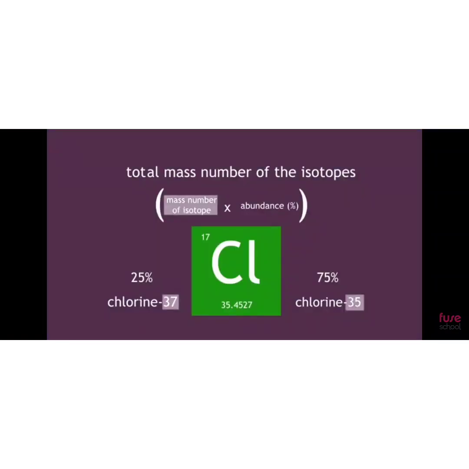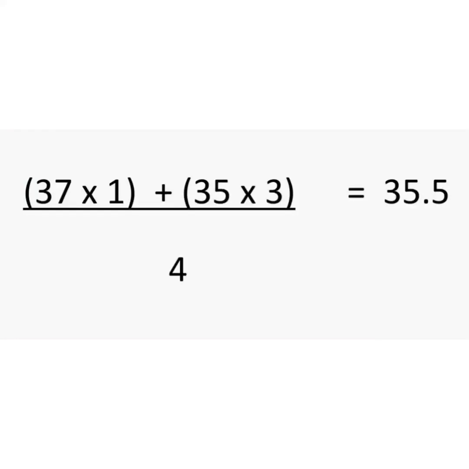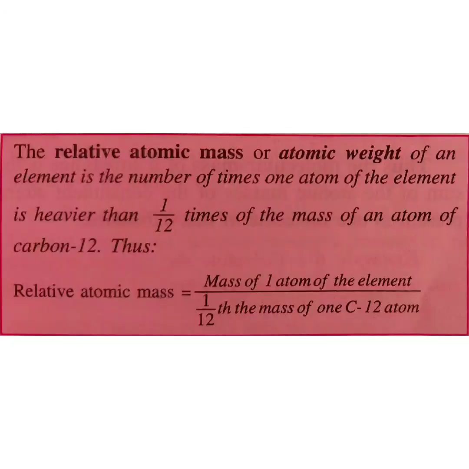So when we take the average, multiplying each isotope's atomic mass by its percentage abundance, we get the average atomic mass, and that is how we come to the calculation for chlorine, which is 35.5.